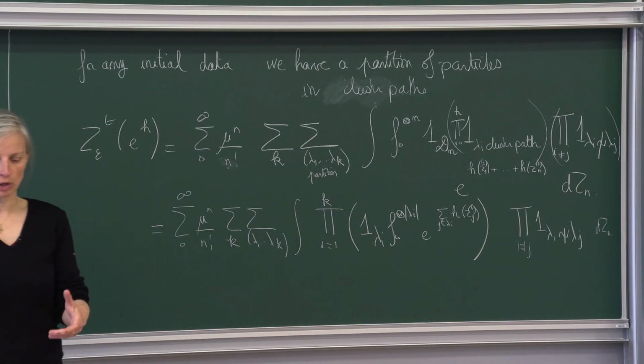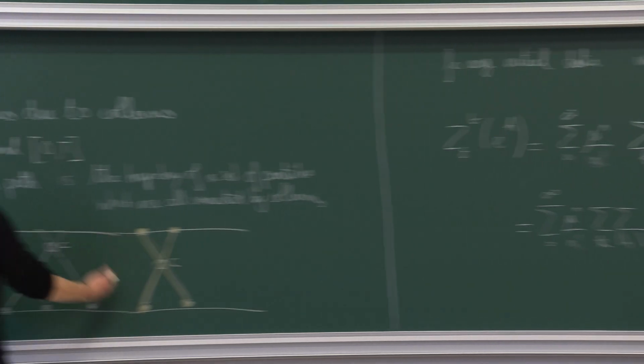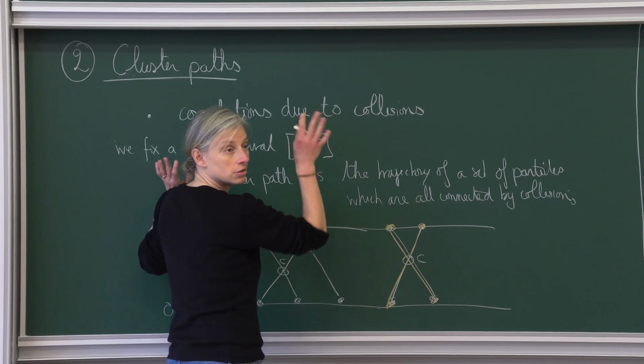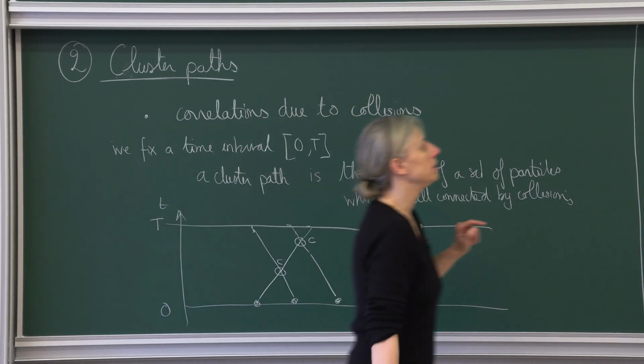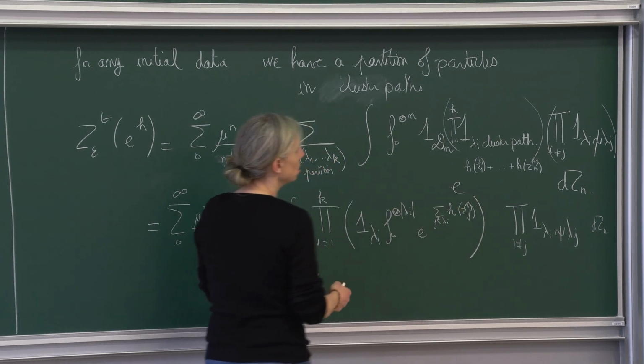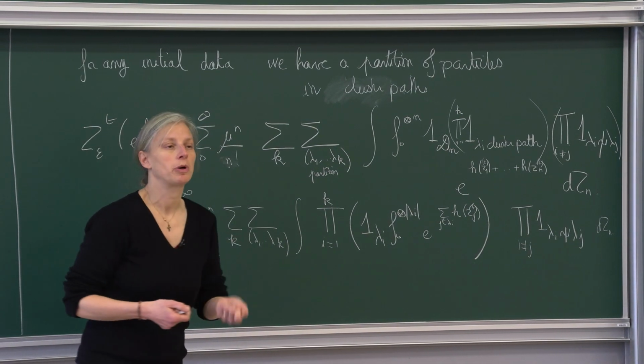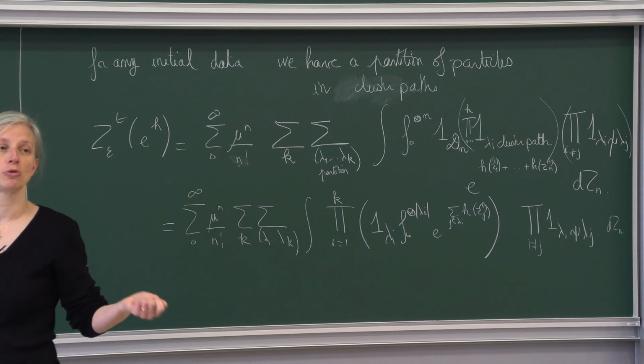Now if you look at just a cluster, it will not collide with any other particle, so you can consider this as a subsystem that lives in a different space. If you would like to compute the integral of this, you see that by exchangeability you don't care whether it's particle number 1, 2, or 3.